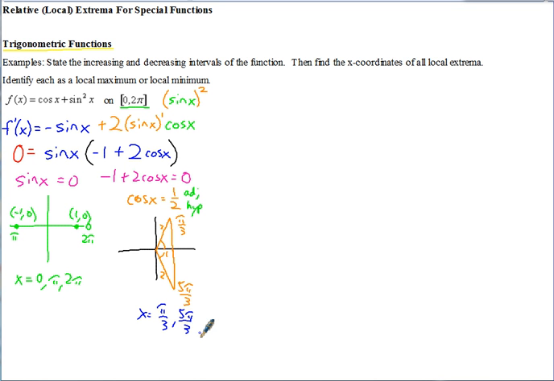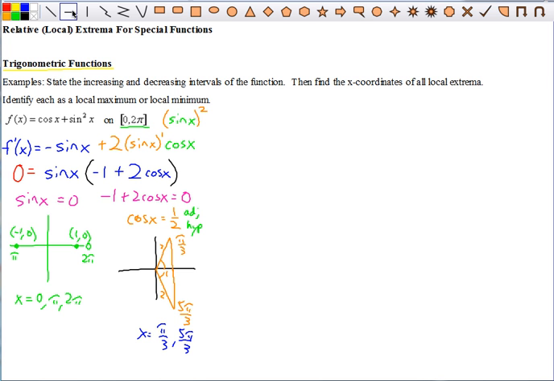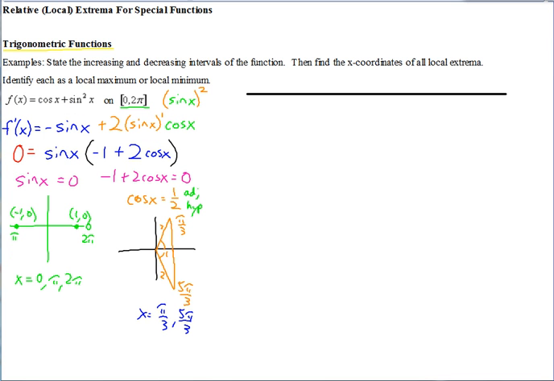So let's put all those on our number line. And this time we're looking just between 0 and 2 pi. So put the 0 with a bracket on that end, and a 2 pi with a bracket on that end to remind yourself we're not going to negative infinity and positive infinity in this case. Let's put our critical numbers in order on the number line.